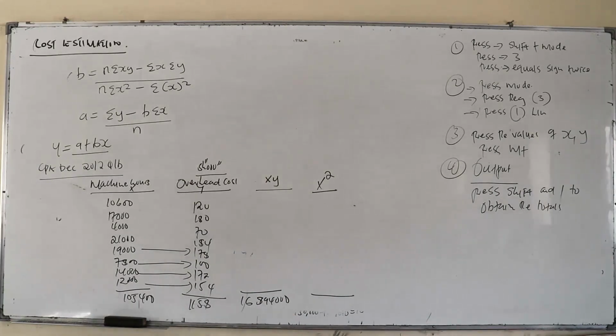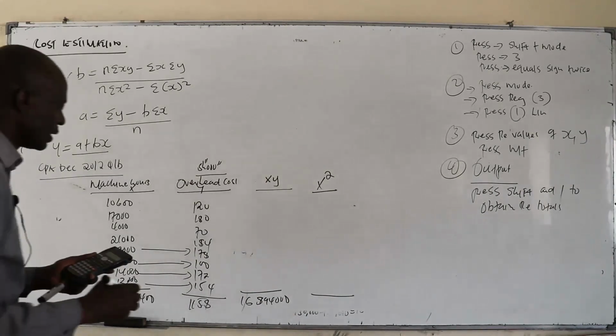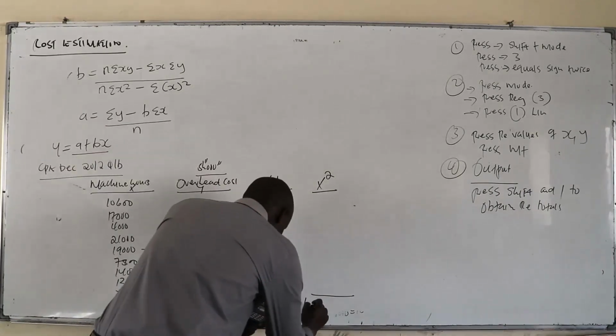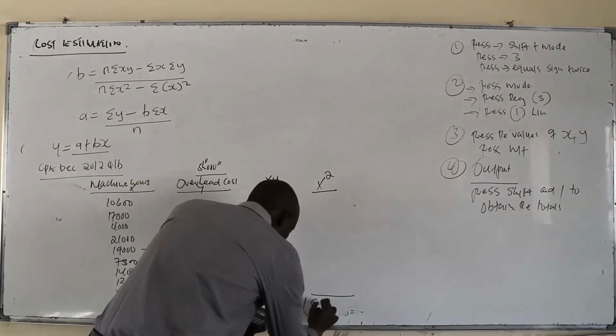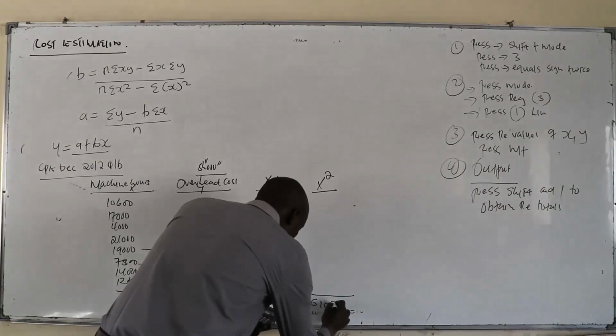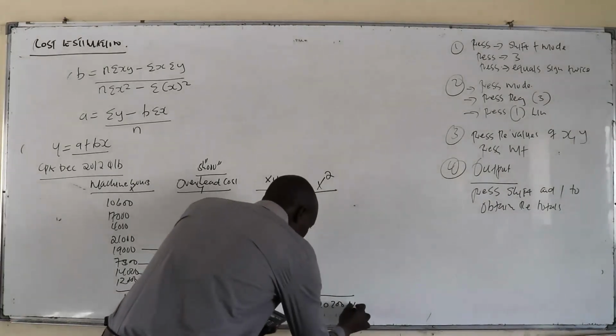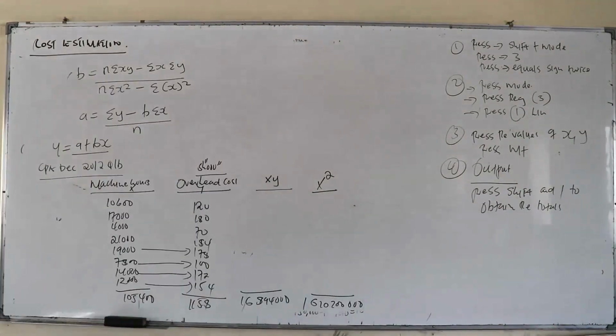It is under 1; you press 1 and the equal sign. That is 16 billion 620,200,000. You write it there. So you have your values.